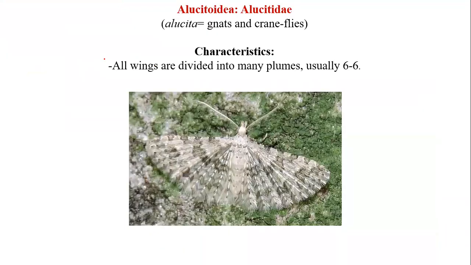Now, the next family is also easy to identify, and this is family Alucitidae, which belongs to superfamily Alucitoidea. The family name has been derived from the term Aluc, which means gnats or crane flies.